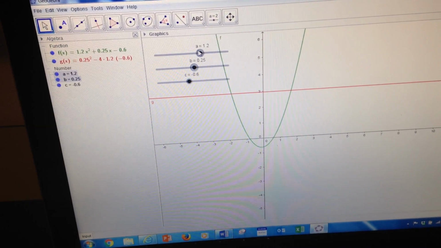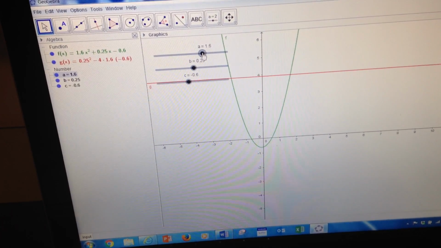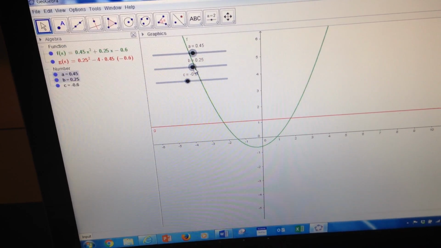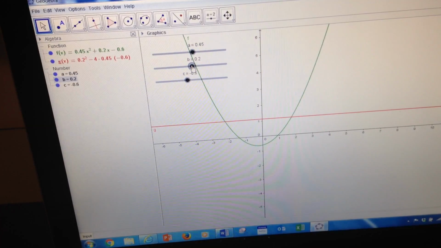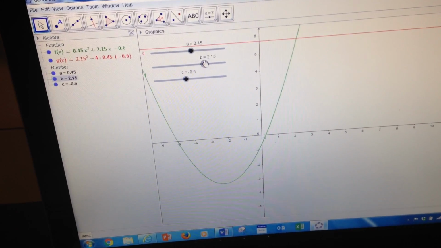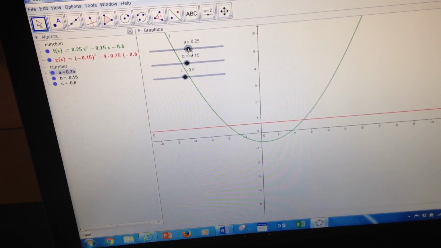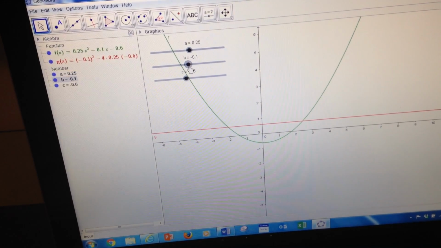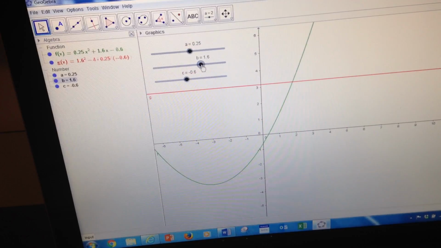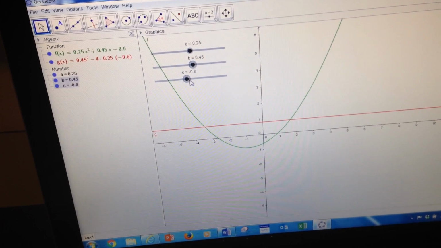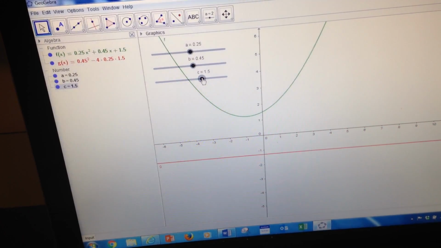Now if we made a bigger, now we'll make it smaller, make it a wider parabola, and we make our b lower or higher, we get it above that line. We might have to change it a little more. Actually, let me raise our c because it changes it vertically.